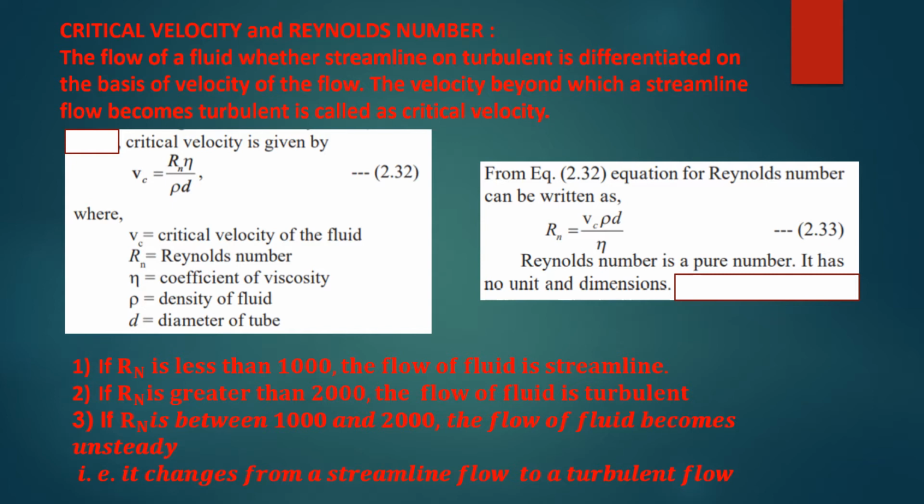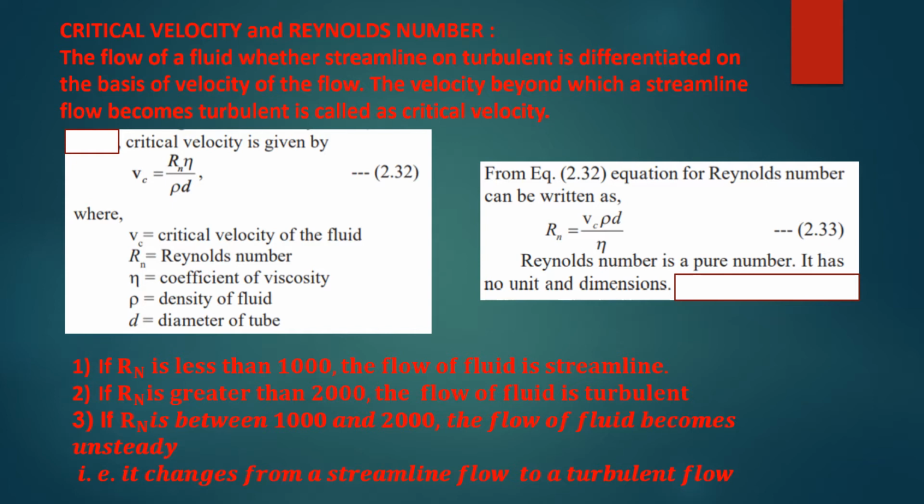The critical velocity of a fluid flowing in a tube is given by the formula Vc = Rn eta / rho d, where Rn is Reynolds number, eta is the coefficient of viscosity of the fluid, which is a property of that fluid.